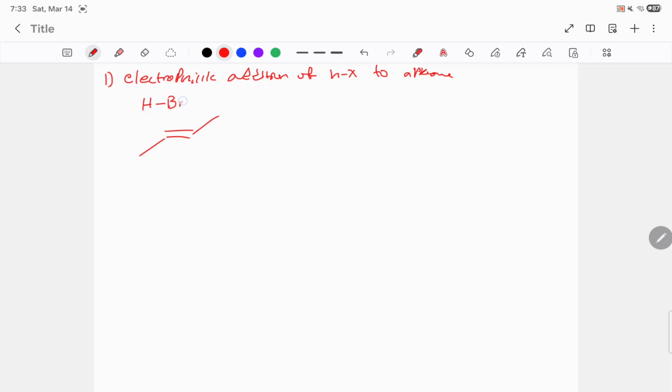So here's my HBr, and boom, I will get Br right there. And there you go. Okay, so this is the electrophilic addition of an HX to an alkene.